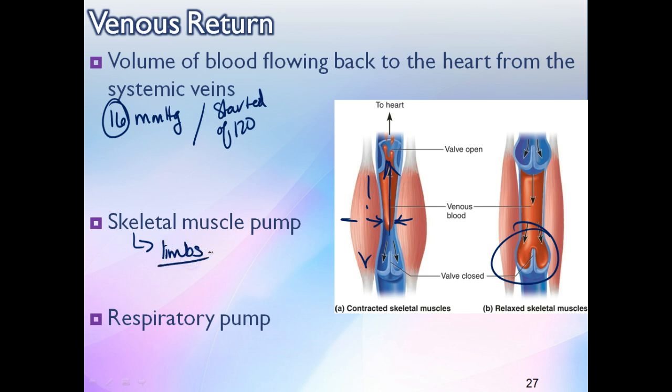But once we get out of our limbs, particularly our legs, we're in our abdominal, pelvic, and thoracic cavity. Well, then what do we do? Remember, blood always flows from an area of high pressure to low pressure.